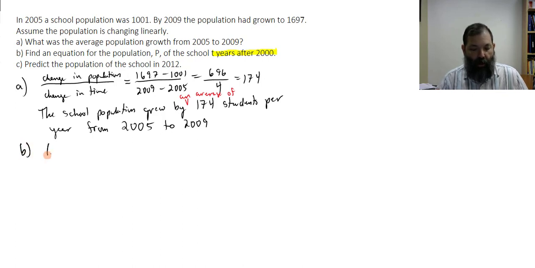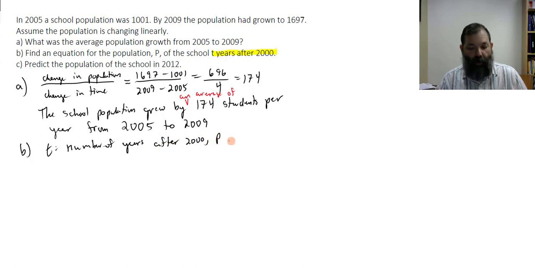So if T is the number of years after 2000, and P is the population, it's a good idea to maybe write the ordered pairs.